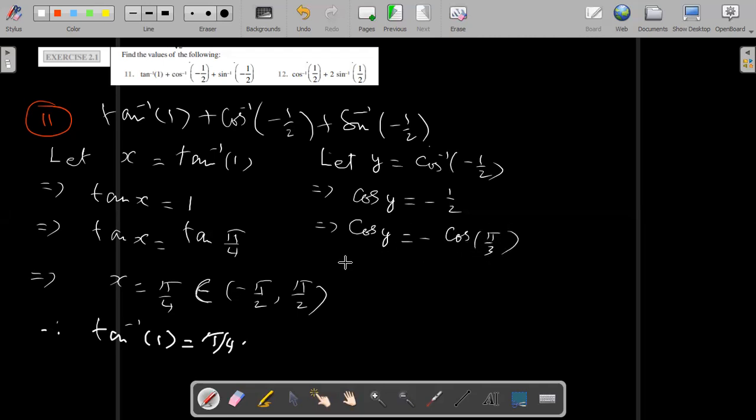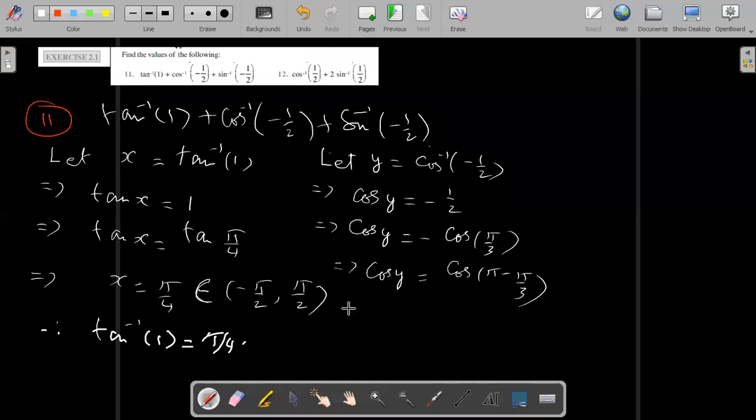And this minus, I told you before, in cos this minus can go by 180 minus theta, so we can write cos of pi minus pi by 3, which is 2 pi by 3.